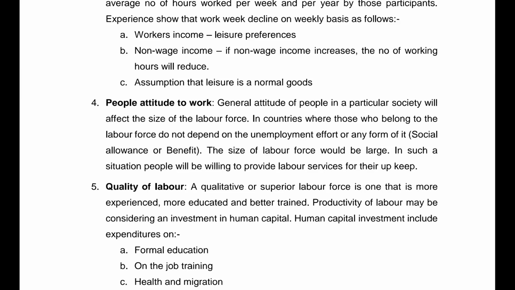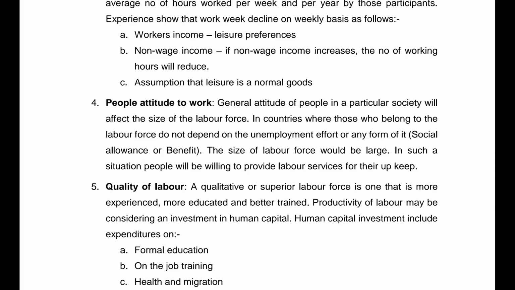What about the other factor that affects the labor force size and composition? It is the people's attitude towards work. The general attitude of people in a particular society will affect the size of the labor force.